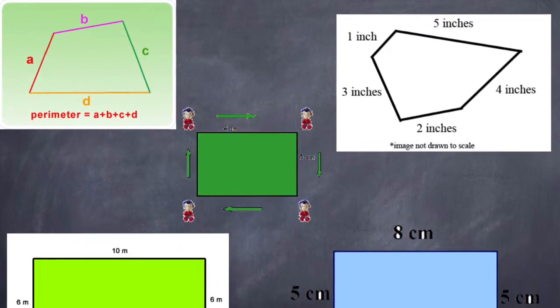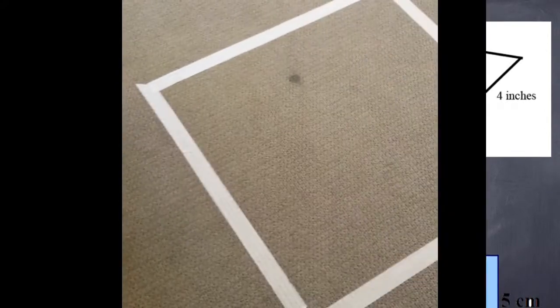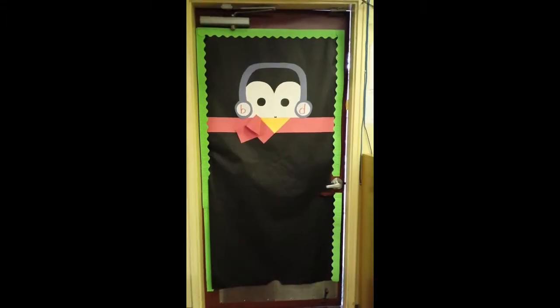Distance or length around a one-dimensional shape can be measured in different types of units, like centimeters, feet, yards, or miles.